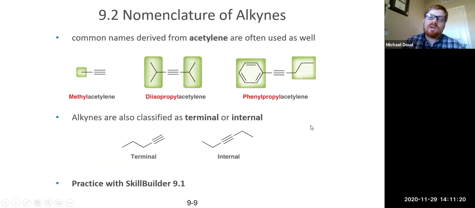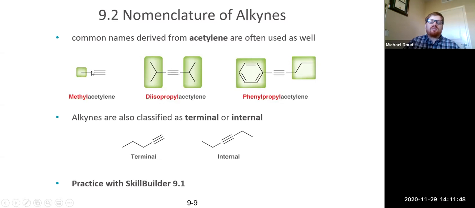Okay. Now, sometimes you will see common names. I won't necessarily be testing you on this, but it may be something that you see in the real world, so it's worth mentioning here. Acetylene is the basic one: one carbon triply bonded to another, and they both have a hydrogen attached, C2H2. So sometimes you will see these alkynes named as derivatives of acetylene.